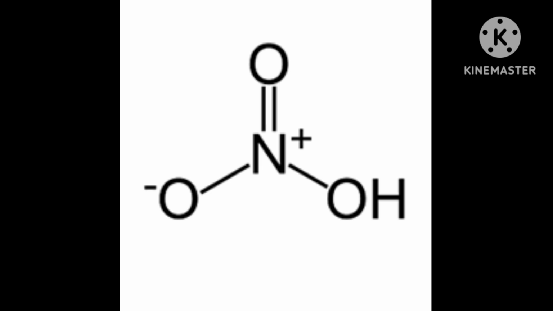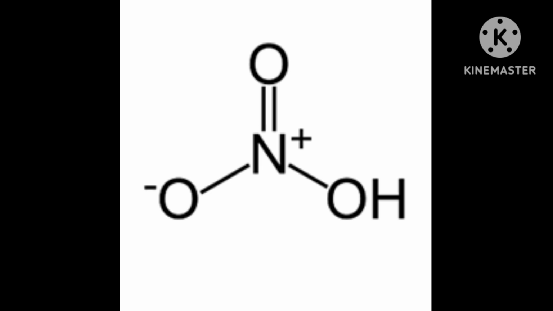First, NO, nitric oxide, and second, H2O, water. Three steps are there. In the first step you get NO. Now from this NO you will get NO2 by further reaction with oxygen, NO plus oxygen gives NO2.